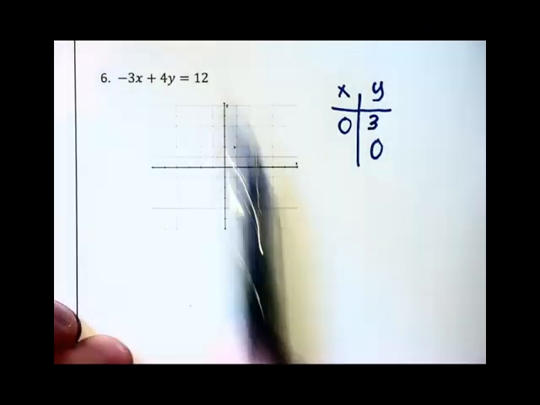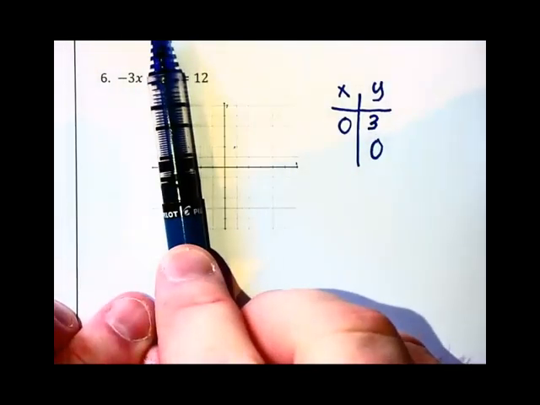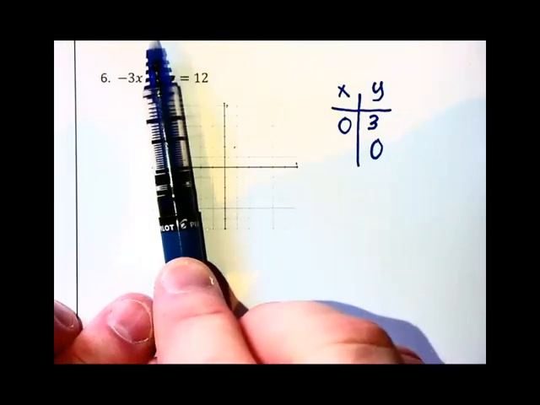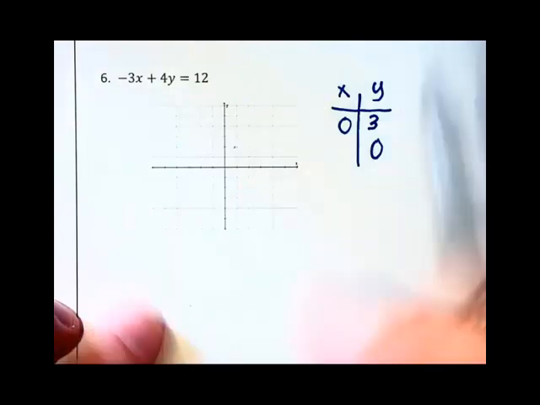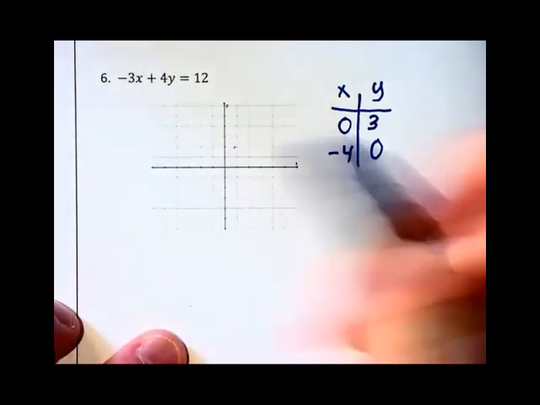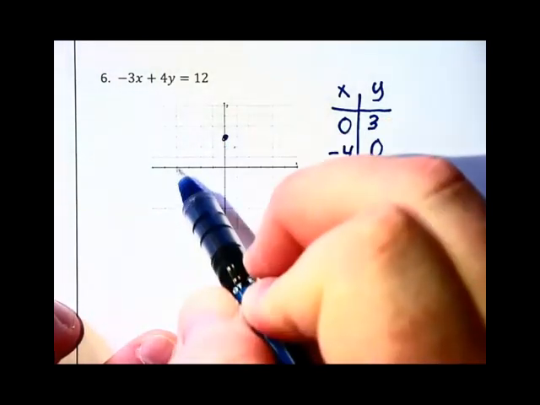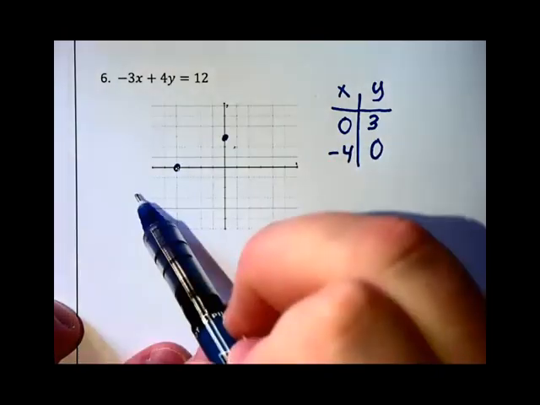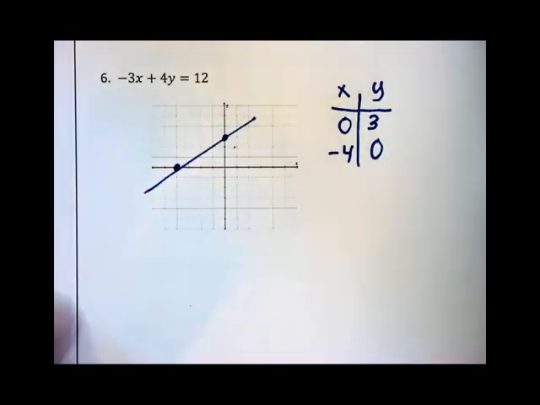And if we let y be 0, we have -3x equals 12. Dividing each side by -3, we get x equals -4. And we have (0, 3) and (-4, 0), and that's all we need to draw our line.